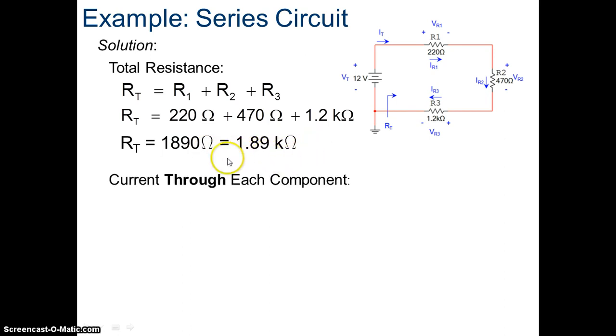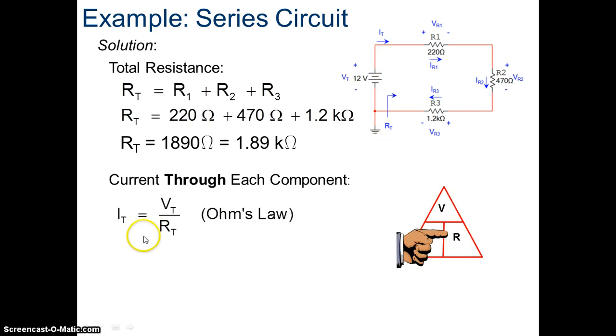Now we want to know the current through each of these resistors. The first thing we can do is find the total current, using our equation V equals IR.